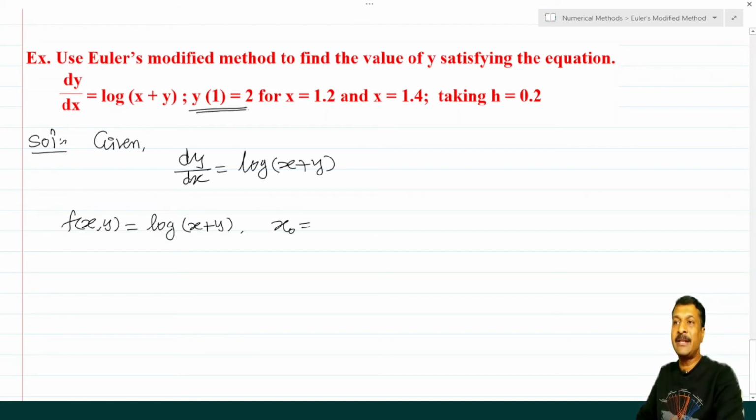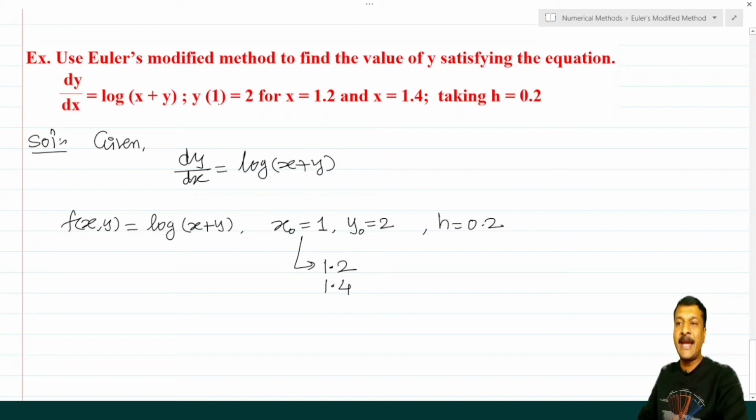So x0 is 1 and y0 equal to 2. And what is h here? h equal to 0.2. So the next value of x is 1.2, and the next is 1.4, because x0 plus h gives x1, and x1 plus h gives x2.